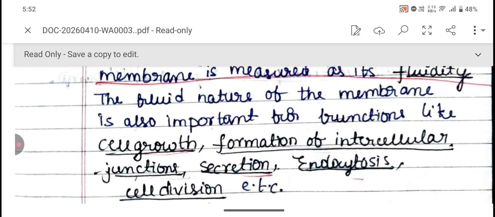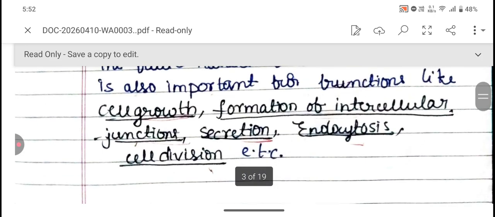The secretion of products or proteins from the cell is possible due to the fluid nature of the cell membrane, and the engulfing of certain substances is also possible due to this fluid nature, a process known as endocytosis. And for cell division, when a parental cell divides into two daughter cells, the fluid nature of the membrane allows the cell to be easily separated into two daughter cells.